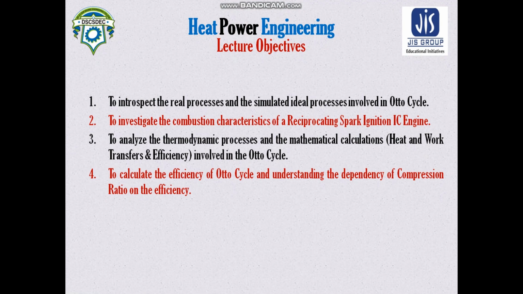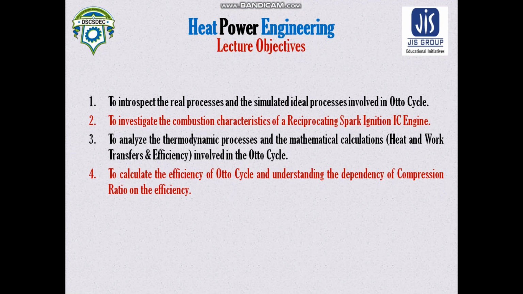Then we will do the thermodynamic process calculations. We will calculate the heat transfers, the work transfers, and the internal energy change for each process, so that we can get the value of the efficiency of an Otto cycle. And then we will try to relate this efficiency with the compression ratio.